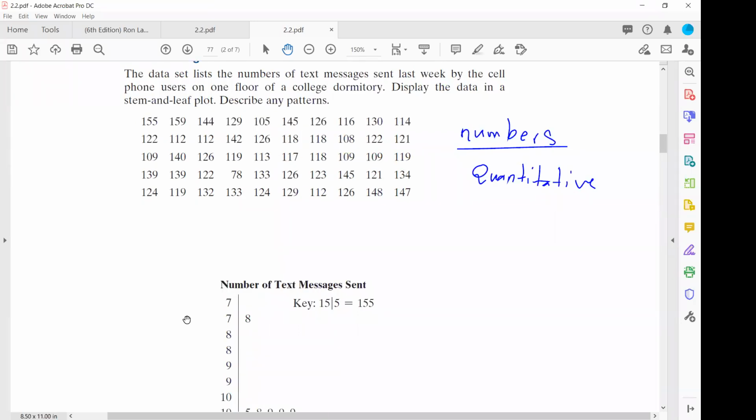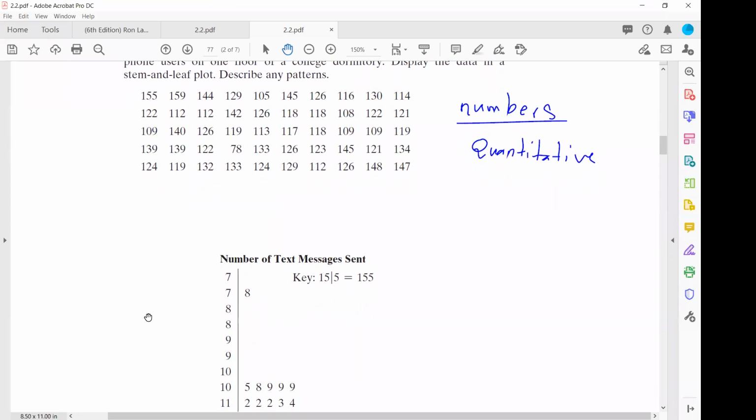So to use a stem and leaf plot, we start by finding the smallest value in the collection. Look at the first row, the second row, the third row.